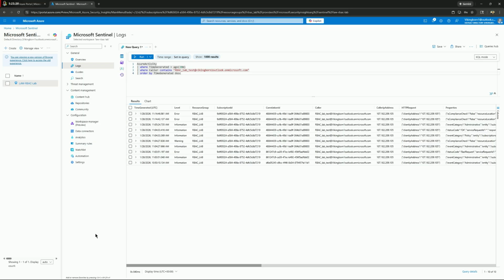And from there, I was able to run the KQL query to see the events that happened.